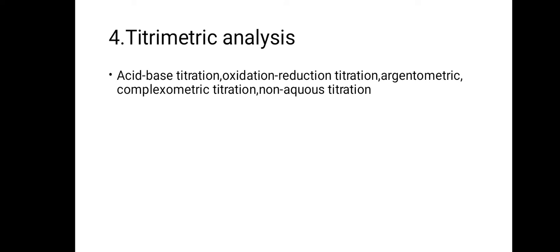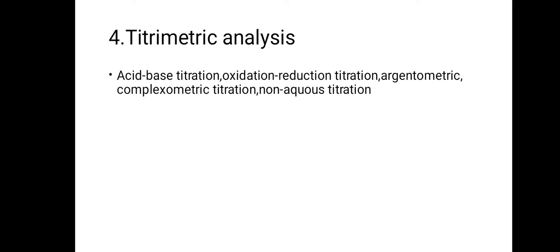Next is titrimetric analysis: acid-base titration, oxidation reduction titration, argentometric, complexometric titration, and non-aqueous titration. These are the types of titration used for the measurement of an unknown compound from a known compound.